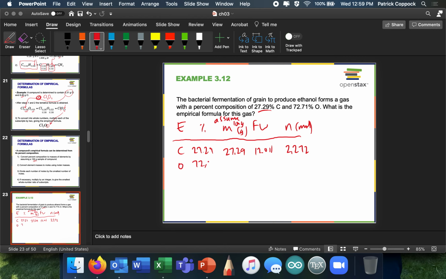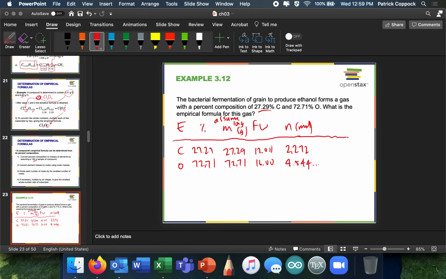Oxygen is 72.71%, and if it's 100 grams, it's going to be 72.71 grams of oxygen. This is 16.00 grams per mole. So 72.71 divided by 16. Did I get that right? 72.71. That's right. It's going to be a heartache if I misprint something here. 4.544, and so on.